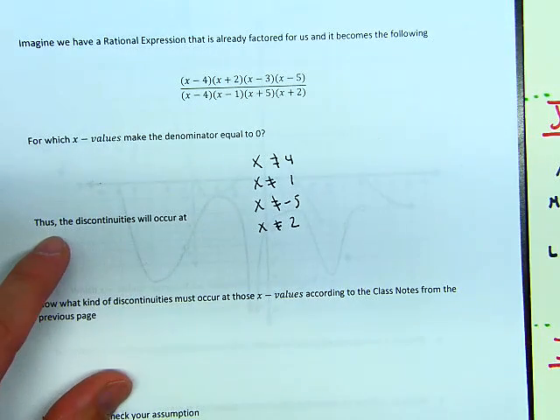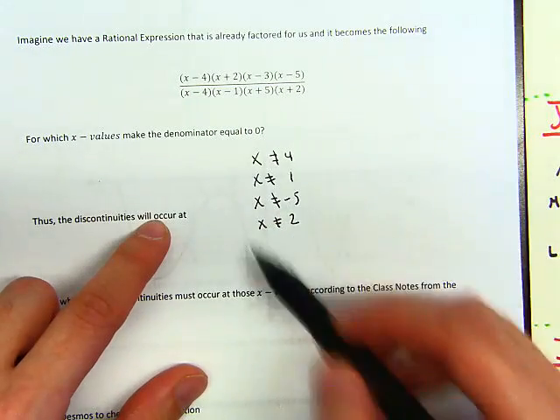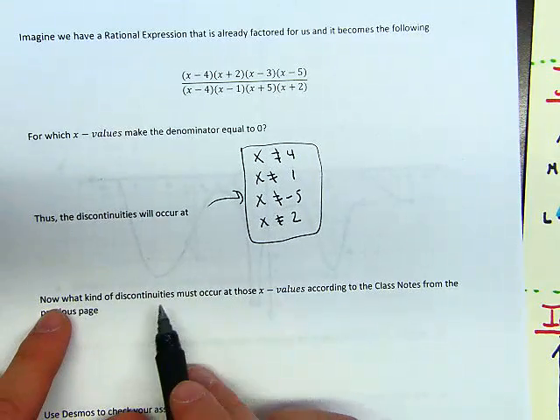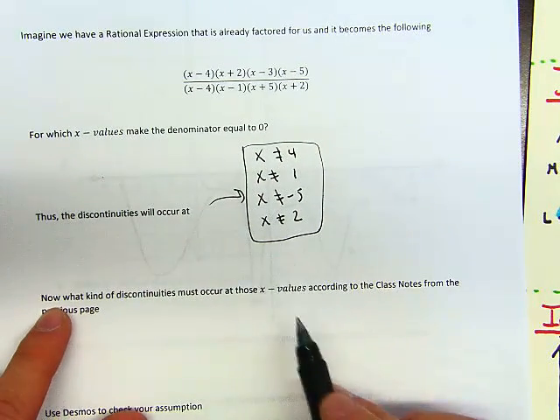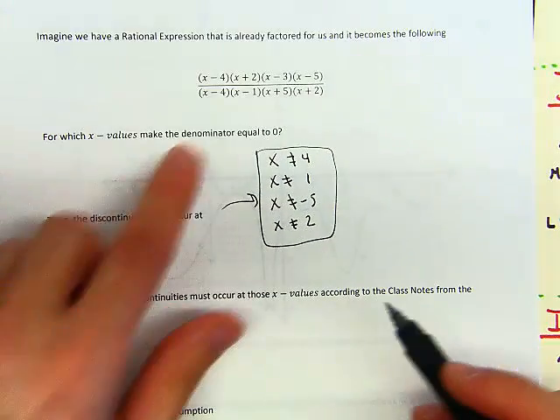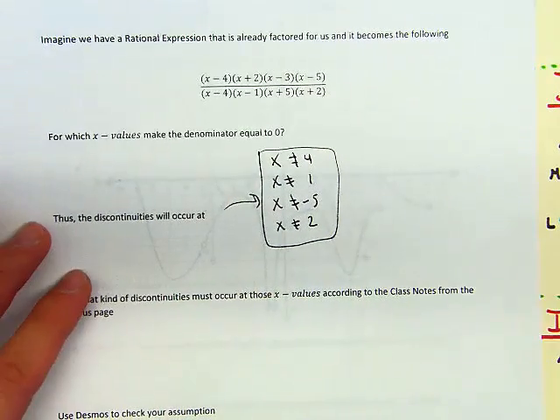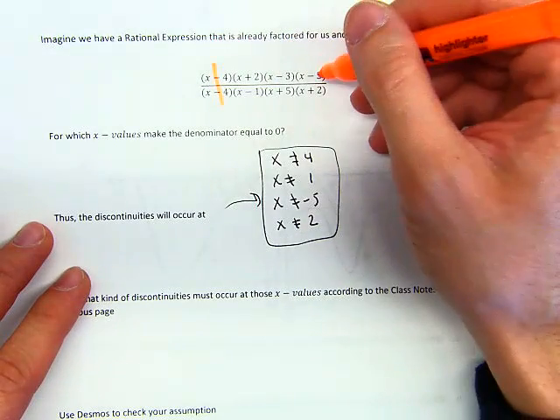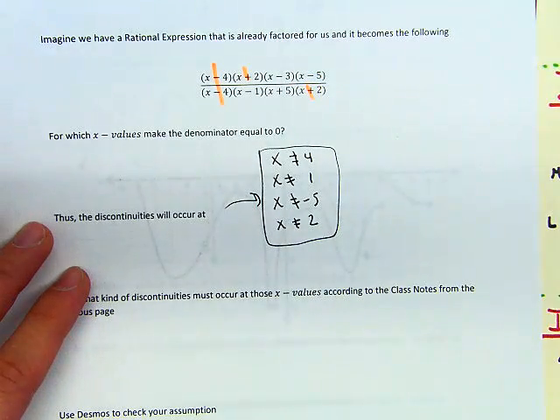So here, the discontinuities will occur over here, right? Now, what kind of discontinuities occur at these x values? Notice that, let's go back. Which ones cancel and which ones do not? Notice that the x minus 4s and the x plus 2s cancel.